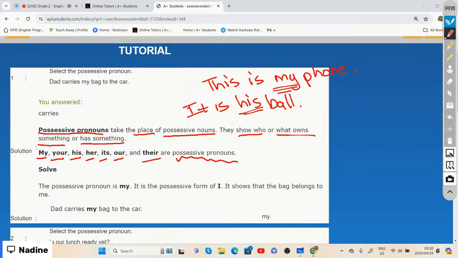Now, Seth and Samuel are boys, so we say it is his ball. If the doll belongs to Anna or Winnie, then we can say it is her doll. So instead of saying it is Winnie's doll, we can say it is her doll.